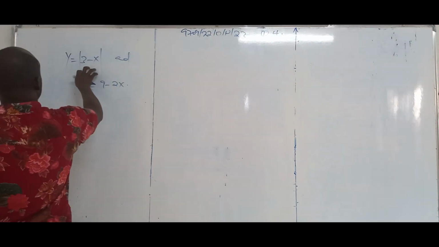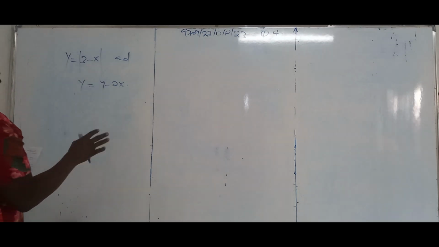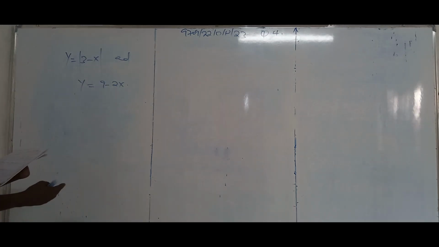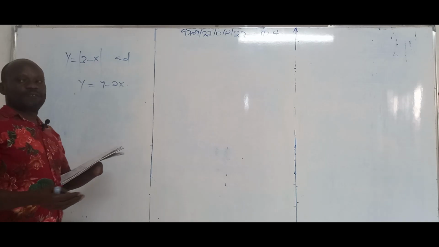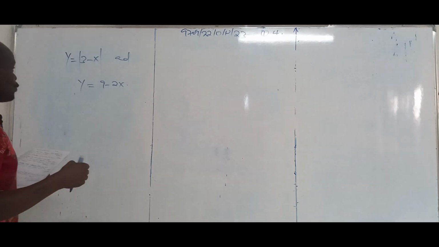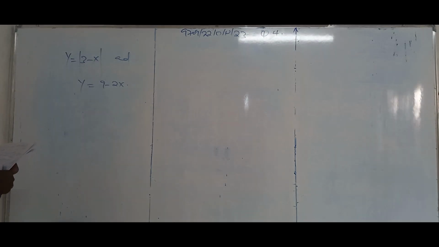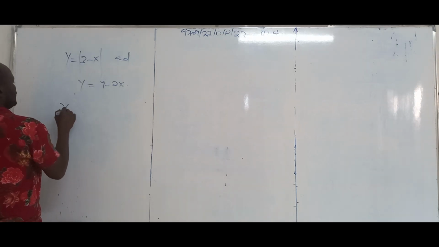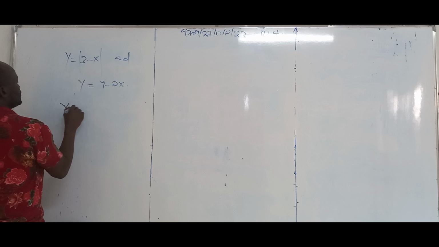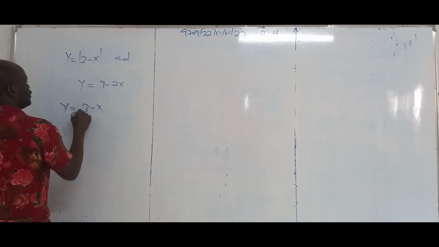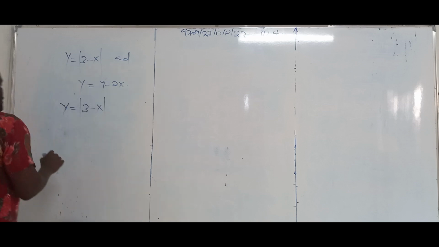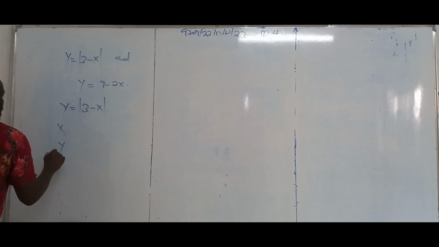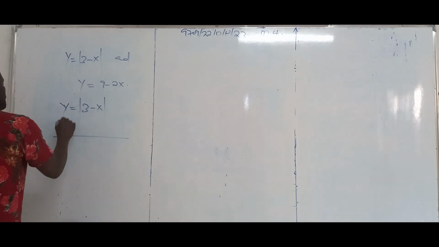The modulus simply means we consider the positive values of that particular equation. So I want to give you the grid, and it is with the help of grids that we'll be able to figure out how our curves move. So first, for y equals modulus of 3 minus x, I have x, I have y, like that.